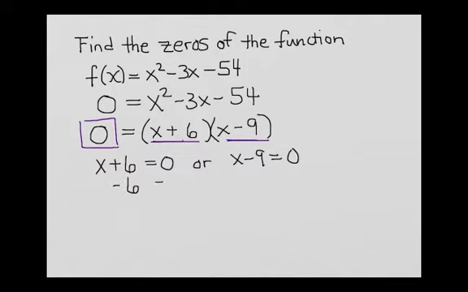So we'll solve that first one by subtracting 6 from both sides, and x is equal to negative 6. We'll solve the second one by adding 9 to both sides, and x is equal to 9.